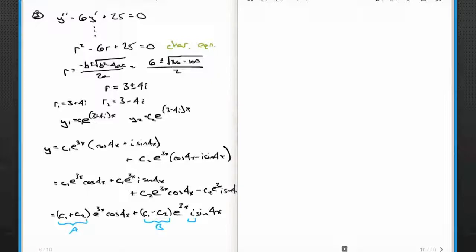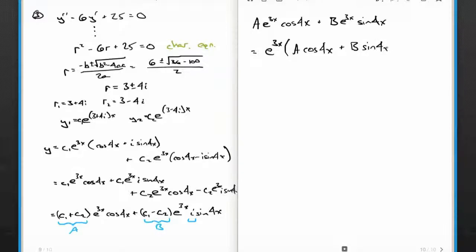This part down here, C1 plus C2, e to the 3x, well, I'm just going to make that A, so that's A e to the 3x cosine 4x plus B e to the 3x sine of 4x, and then finally we can do some more rearranging, so that becomes e to the 3x times A cos 4x plus B sine 4x.